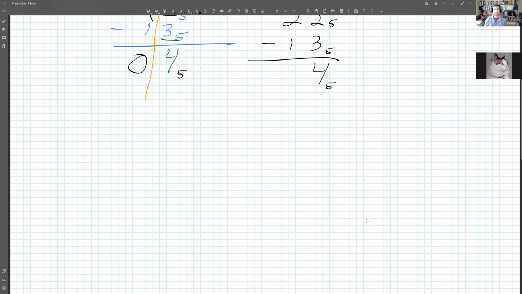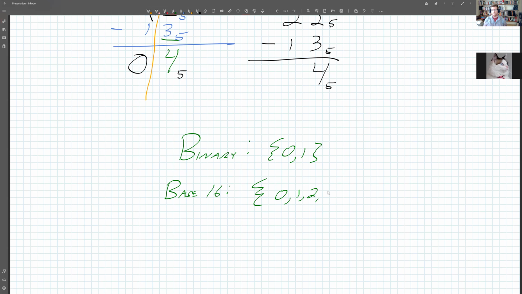Again, we use binary frequently to represent a lot, particularly in computer science, right? We have base 16 or hexadecimal frequently. That means we have to add digits. So, 3, 4, 5, 6, 7, 8, 9.